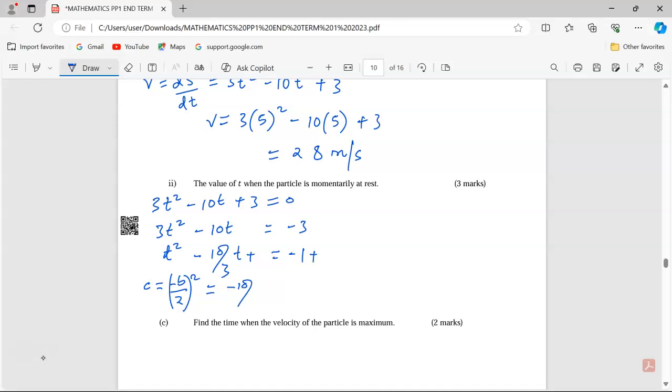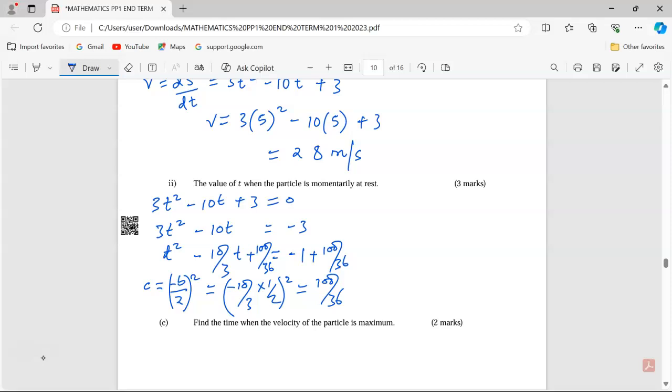So negative 10 over 3 divided by 2 means times half, then we square, and this will give us 100 out of 36. So we should add 100 over 36 to the other side as well.